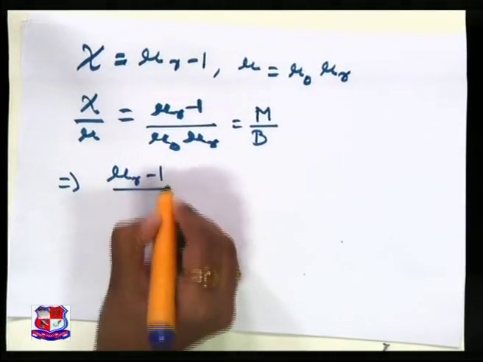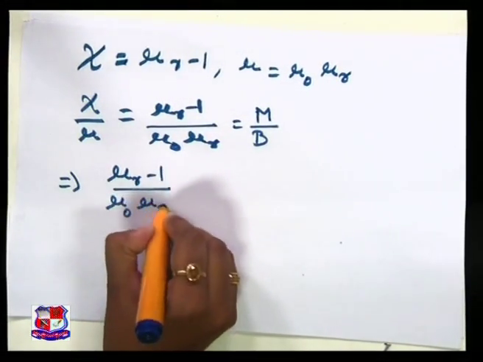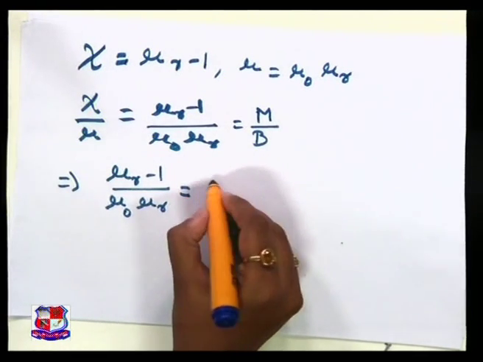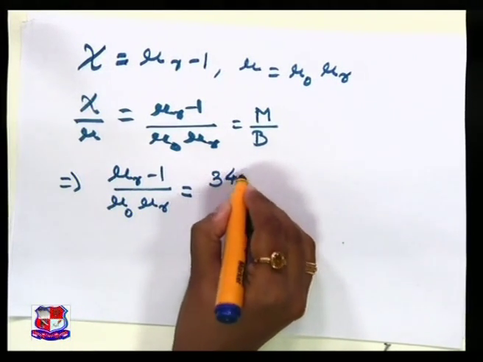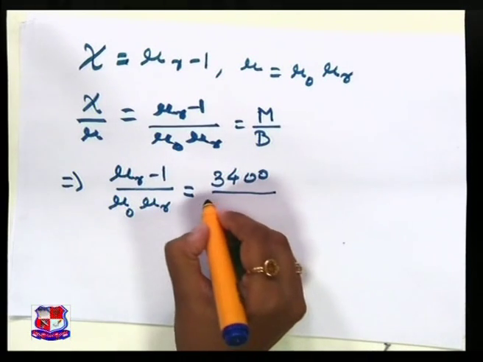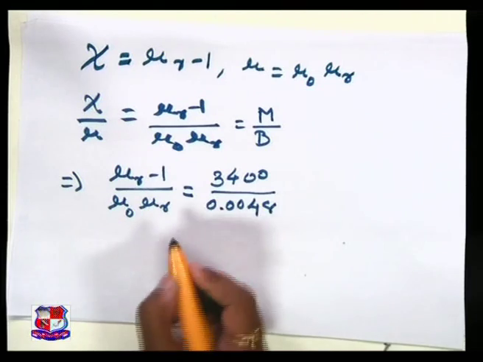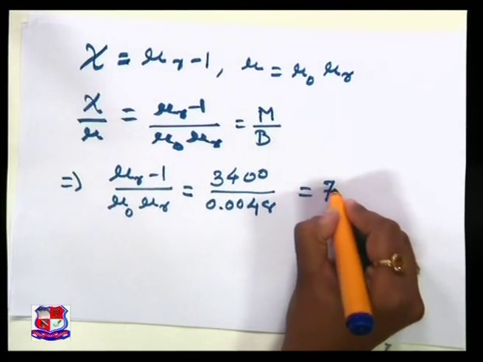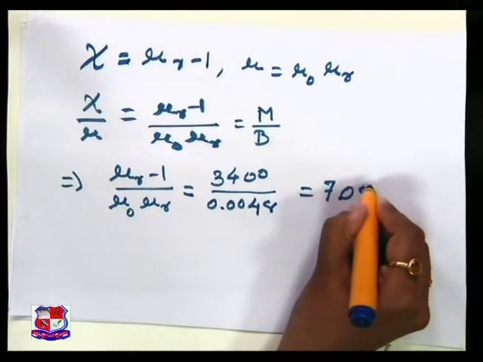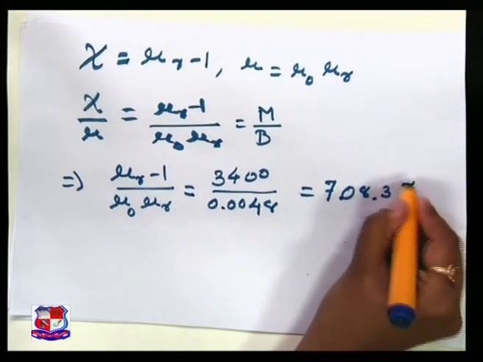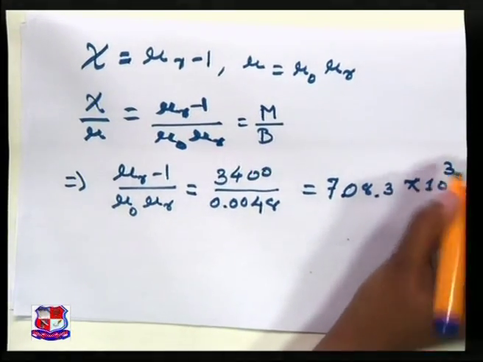Mu r minus 1 divided by mu 0 mu r is equal to m, which we are given as 3400, and b we are given as 0.0048. So what is the ratio? It is 708.3 into 10 raised to 3, right?